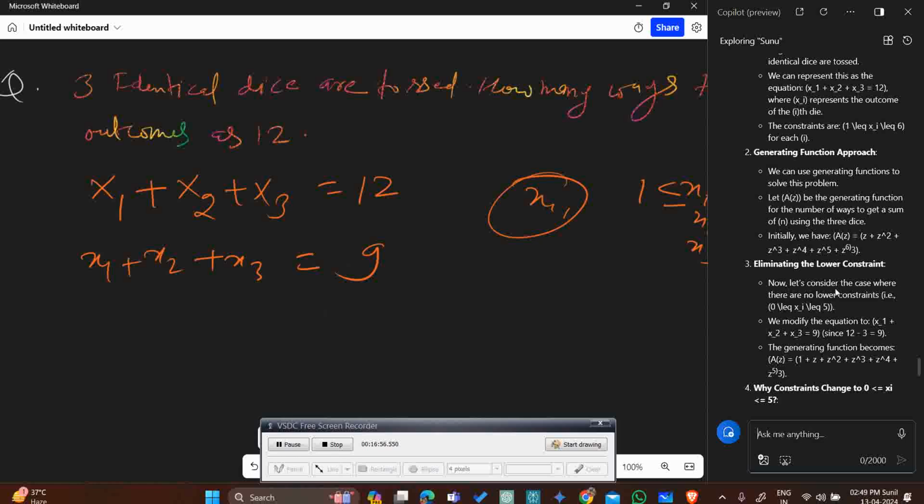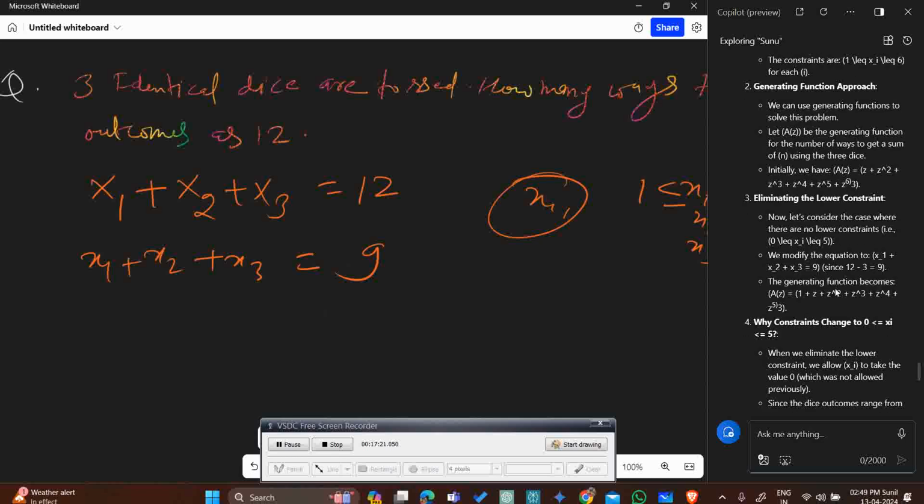Alright. Now let's consider the case where there is no lower constraint, that is 0 less than or equal to xi less than or equal to 5. We modify the equation x1 plus x2 plus x3 to 9, since 12 minus 3 is 9. The generating function becomes 1 plus z up to z^5 only.